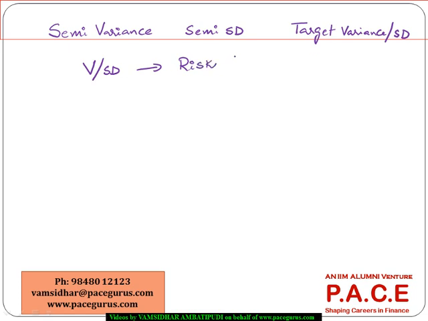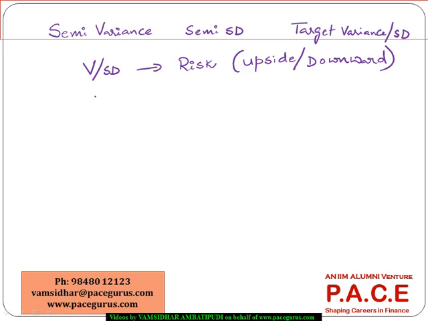but they talk about both the upside movement as well as the downside movement, because all we have taken is x minus x bar squared or x minus mu whole squared. So whether x is higher than x bar or lower than x bar, we are taking both of them as a measure of standard deviation and both as a measure of risk.